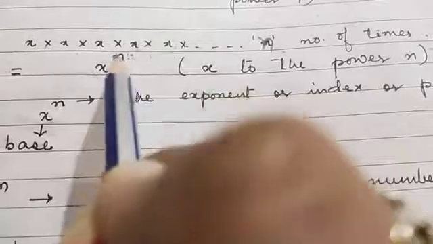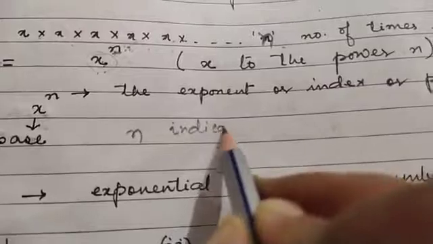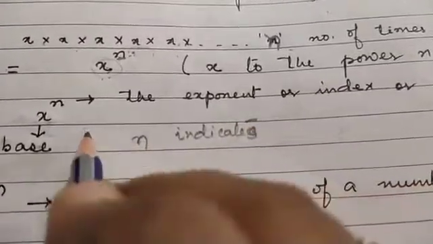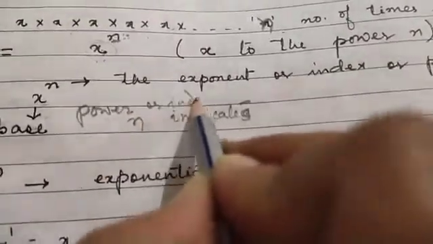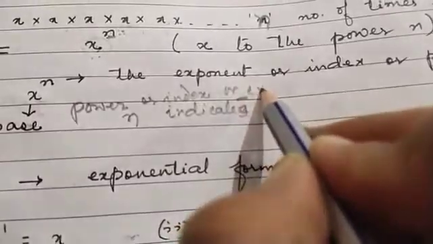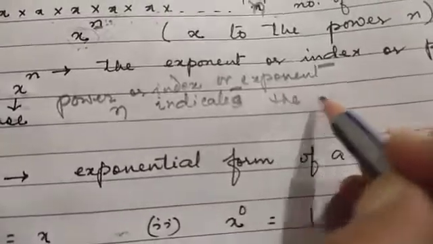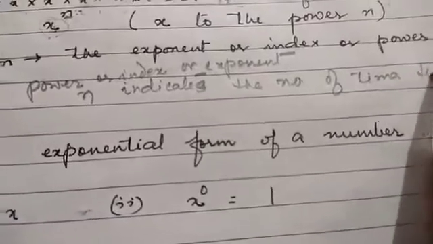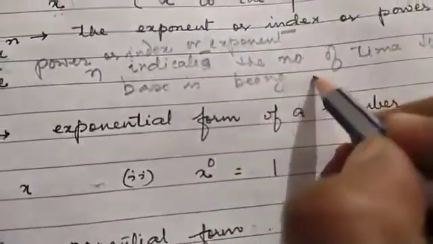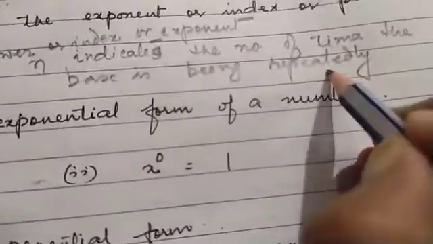N indicates what? N, the power or index or exponent, indicates the number of times the base is being repeatedly multiplied.